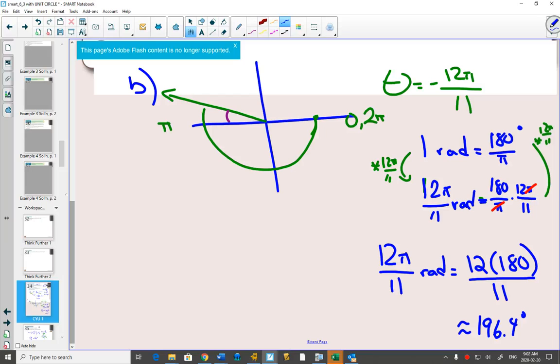And I reread this, and it is to the nearest tenth, so I've rounded correctly. Yes, sorry. We need negative. There would be a negative here, a negative there, and so on. Thank you. So negative 196 degrees.